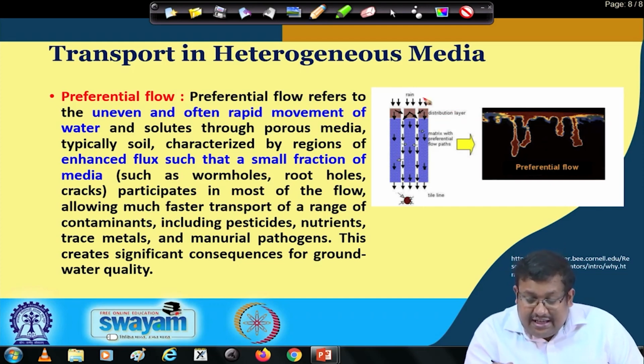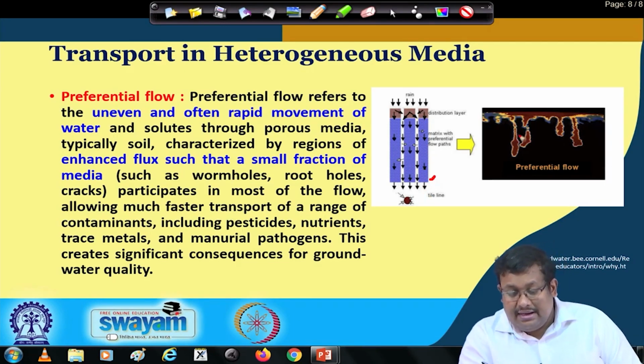Here you can see that this is showing the preferential flow. If there is a distributing layer, you can see the matrix of preferential flow paths, given in this green zone.